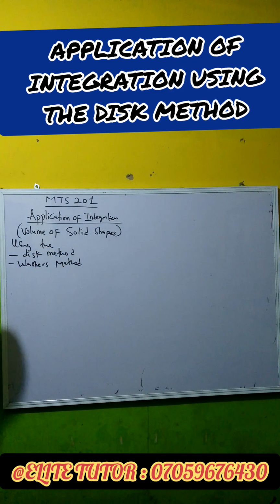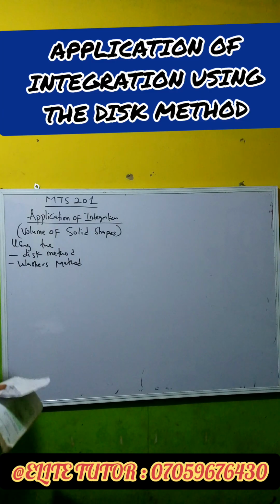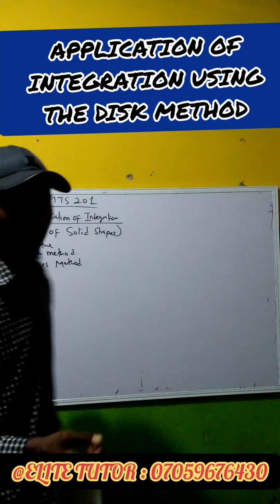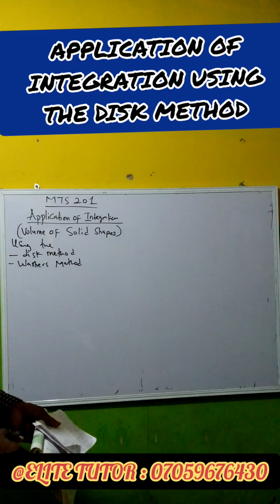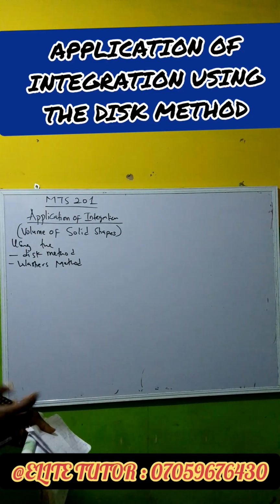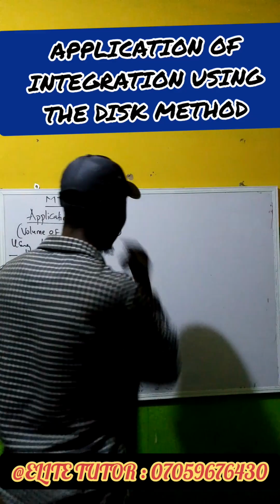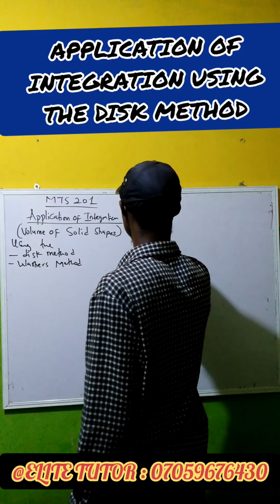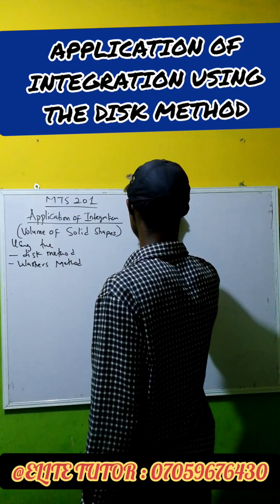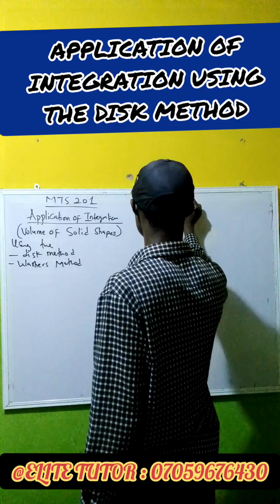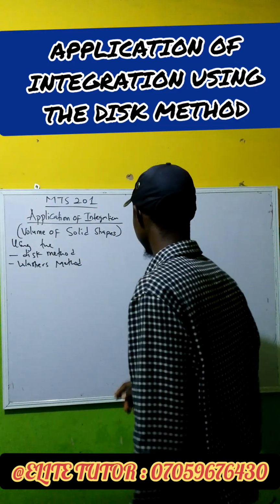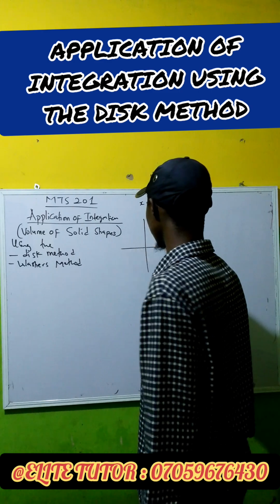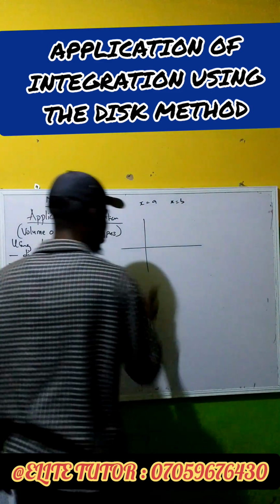So literally, there are some cases where you need to understand. A case whereby you're having your region, so most times you're having a region on x. For instance, I'm having my region on x to be a and the other x to be b. The first thing is you draw this shape.